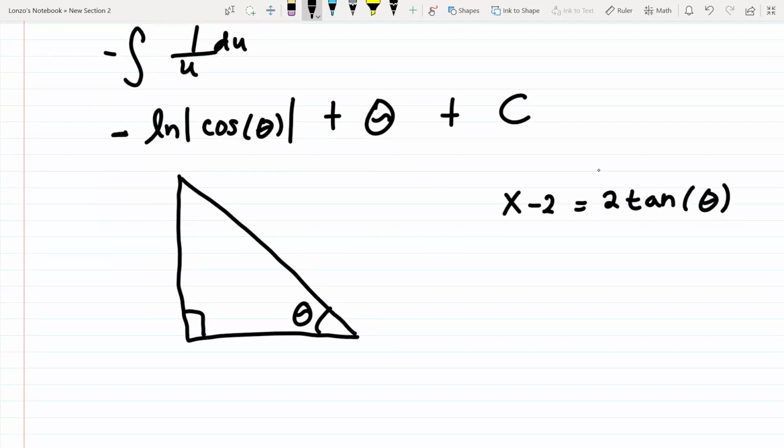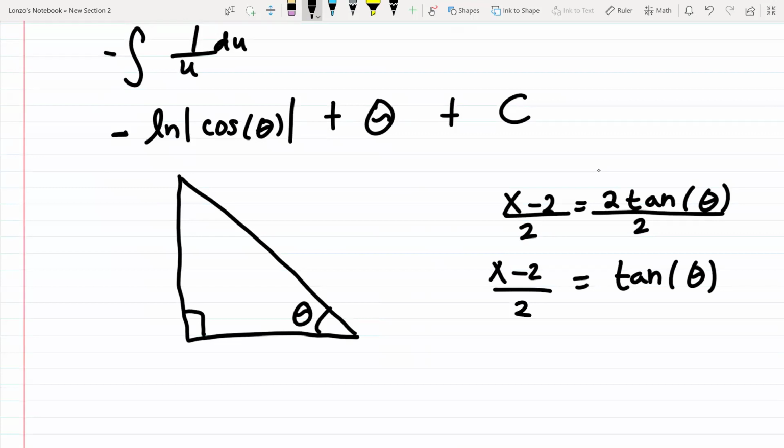And let's solve for tan theta. So what we need is cosine theta and regular theta. So first, I'm going to just finish the triangle. So this 2 cancels, so you're left with tan theta. And then on the left, it's x minus 2 over 2.